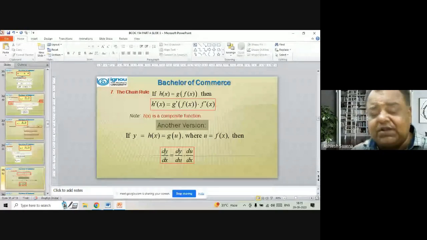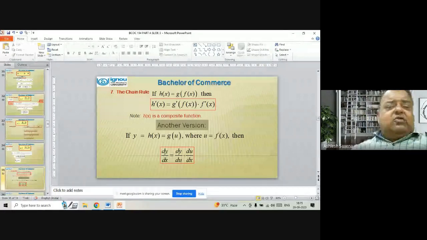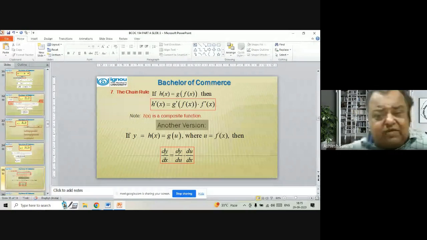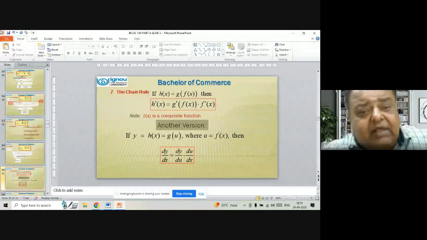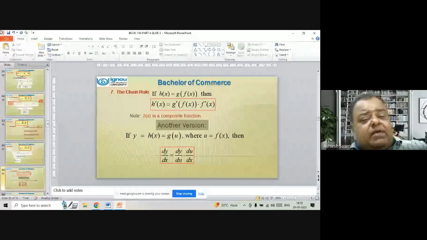Suppose we have a function f(x) equal to h(x) times g(f(x)). There are two things on the right hand side. First of all, we will be differentiating h(x), which will be h dash x. And when we will be differentiating g of f(x), it will be g dash f(x) into f dash x.